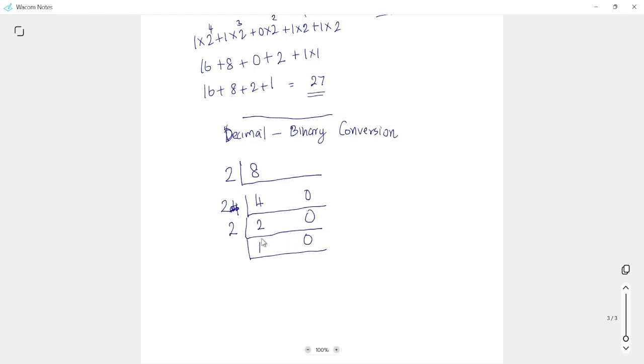So now what I need to do is take all these remainders and put them one behind the other. And this is my number in binary form. So this is basically the value of 8 in binary form. How did I convert 8 to binary?